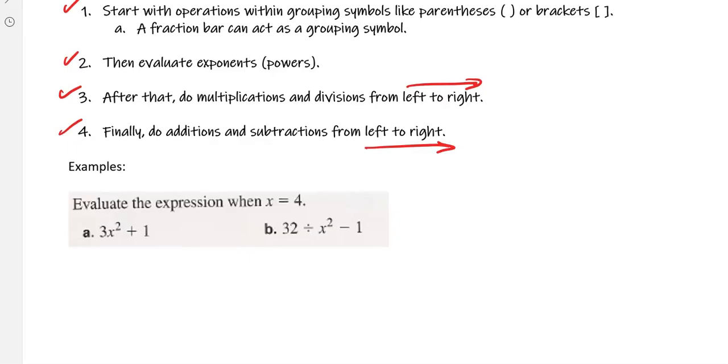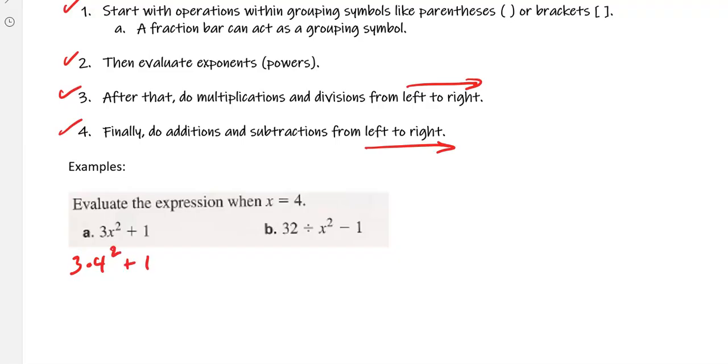Now, we're going to evaluate this expression when x equals 4. So we're using what we learned in the first lesson on variable expressions. x is going to be 4. So this is 3 times x squared plus 1. So that is 3 times 4 squared plus 1, because remember x is 4.